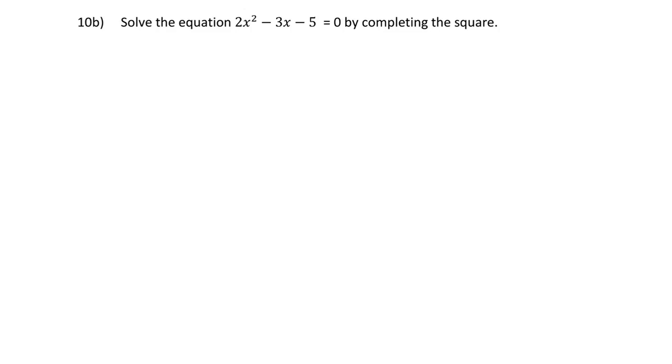Then our expression is going to be x squared minus 3 over 2 x minus 5 over 2 equals 0. Next let us move the constant term to our right hand side. Then our expression is going to be x squared minus 3 over 2 x equals 5 over 2.